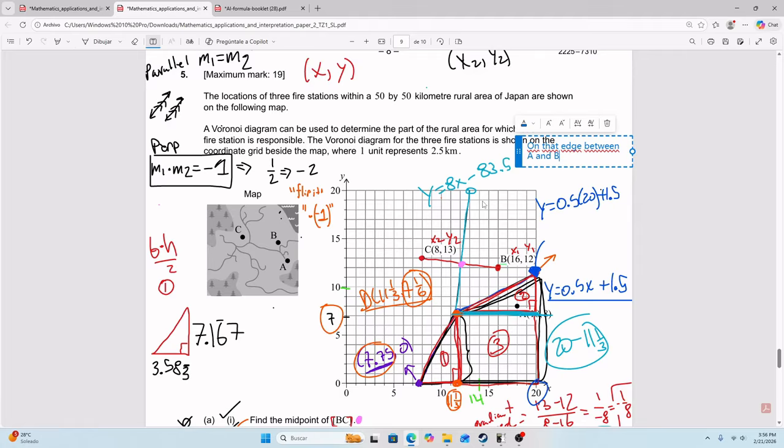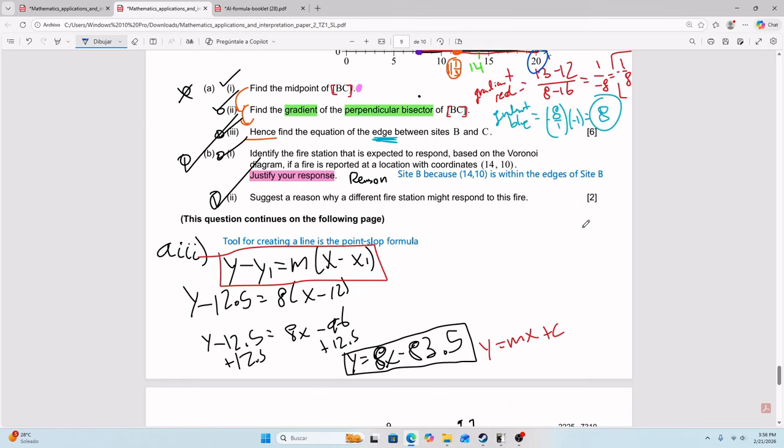If x equals 20, what is my y? That is all you're doing, see? So you plug in 20, you get y equals 0.5 times 20 gives you 10, plus 1.5, so y equals 11.5, see?